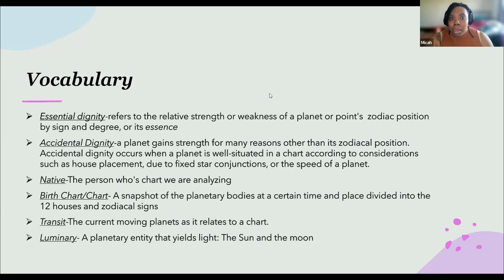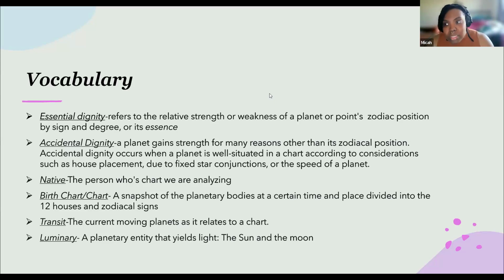You don't have to say, oh, this is the essential dignity of something. In my mind, when are you going to need to know that? Unless you're going to talk to a room full of astrologers at some conference, you'll never need to know it. If you take clients, they won't know what you're talking about and you'll just waste your time. But if you would like to know the vocabulary, this is what it is.